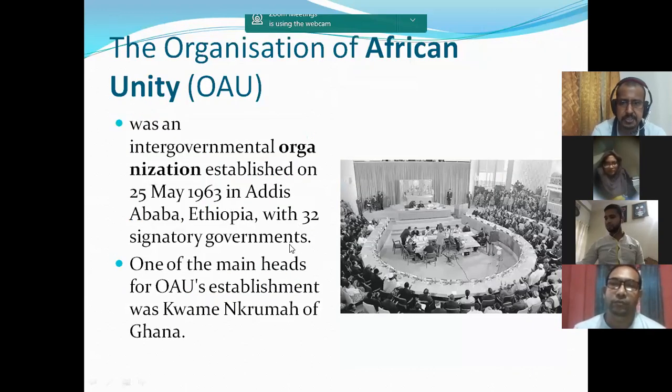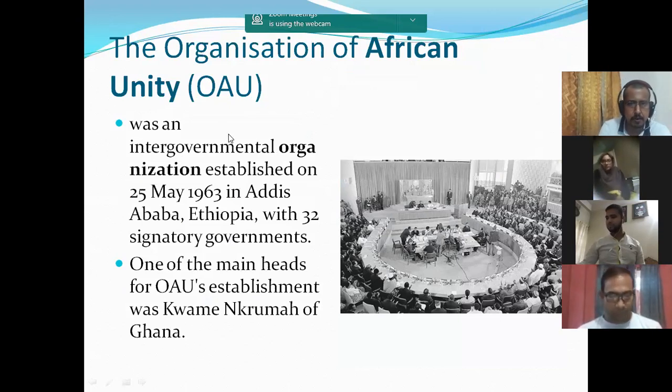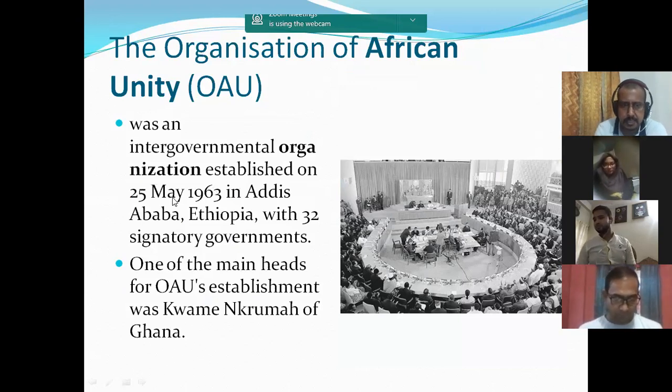If you see, there were 32 countries in the African continent. There was an intergovernmental organization established on 25th May 1963 in Addis Ababa, Ethiopia, with 32 signatory governments.